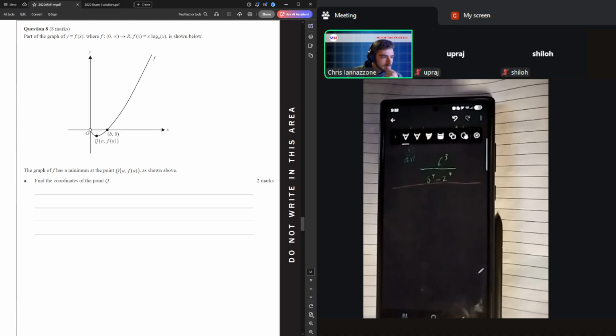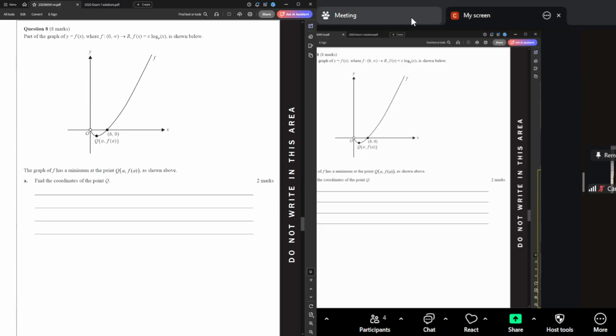Coordinates of a minimum. In this case, we can quite clearly see the minimum is a stationary point. So using some methods that we're aware of around stationary points will be ideal here.